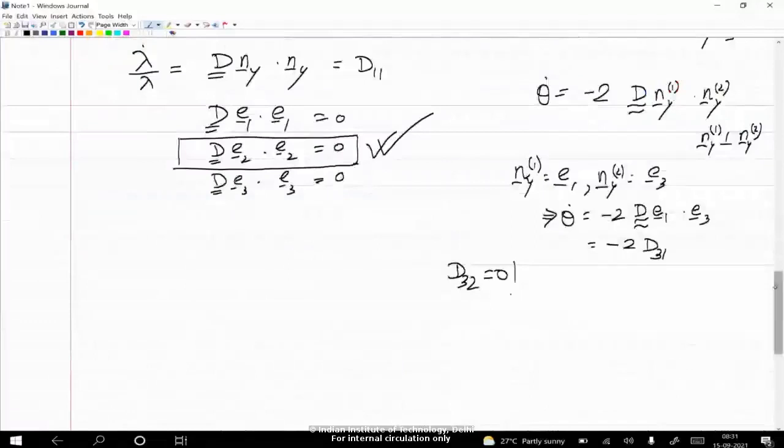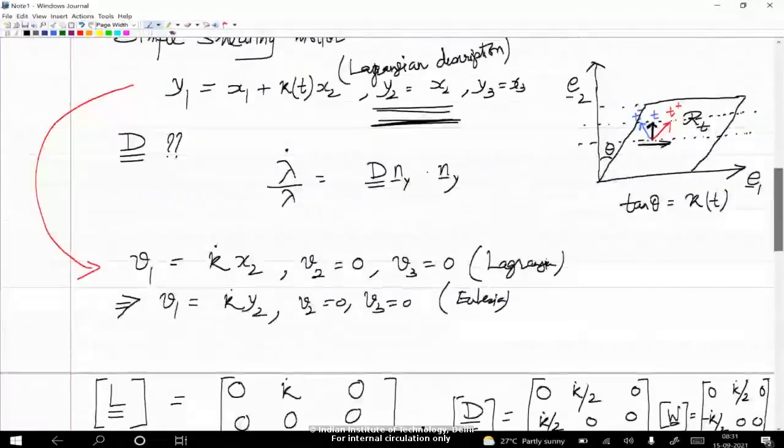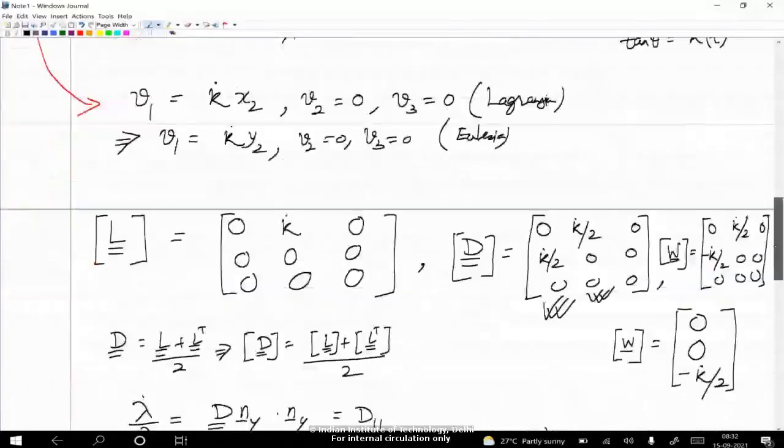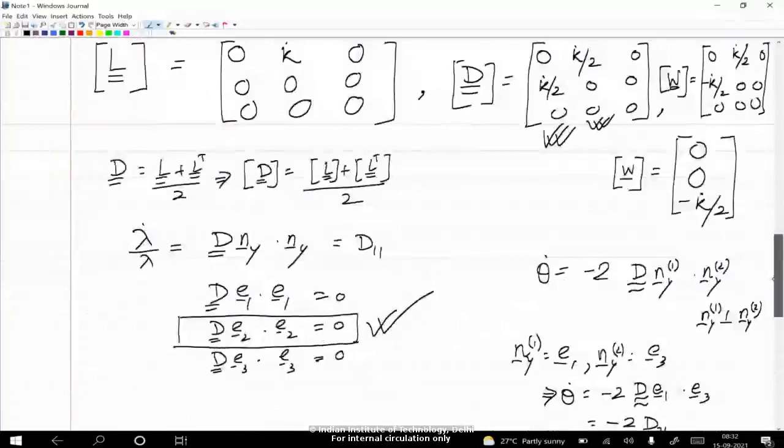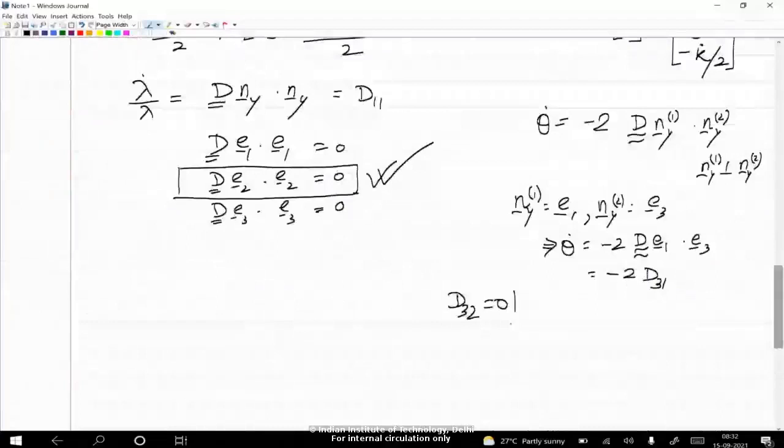But then the most important thing is the angle between line elements which are currently along E1 and E2. So that is indeed changing, right? The line element along E1 remains along E1, and the one which is currently along E2, you see that its orientation is changing. So the angle between them is suddenly changing. And that rate of change of angle is simply equal to D12.